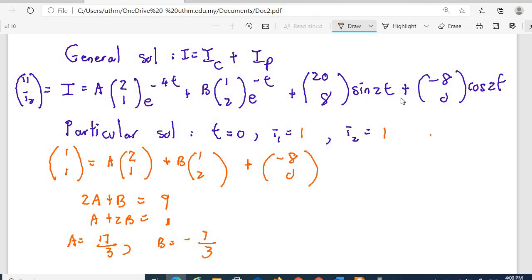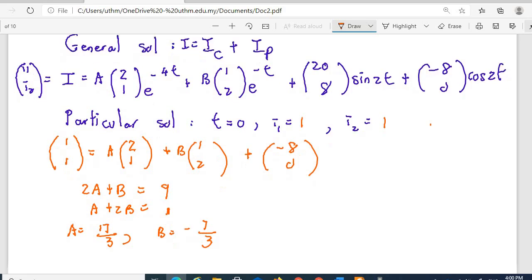So plug in A and B, you obtain the particular solution.